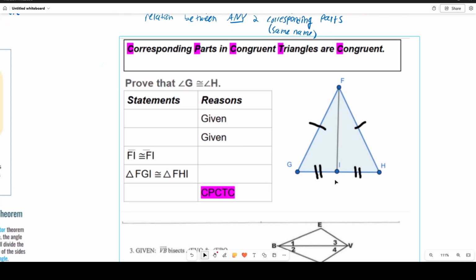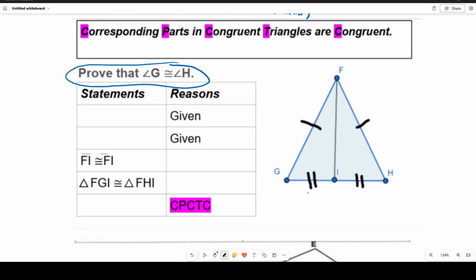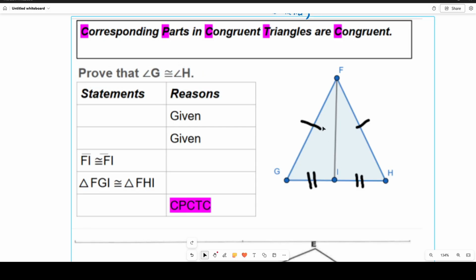And that becomes important in this example that we're about to do. So this says, prove that angle G is congruent to angle H. Well, hey, if we can prove that these two triangles are congruent to each other, then angle G and angle H are in the same position. They're corresponding. So if these triangles are congruent, then these are corresponding parts in the triangles.